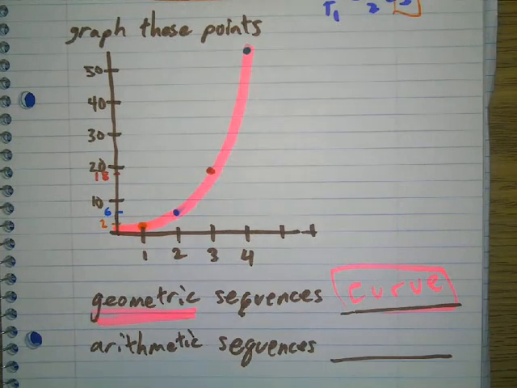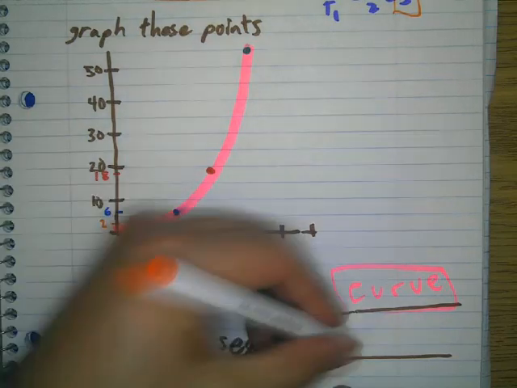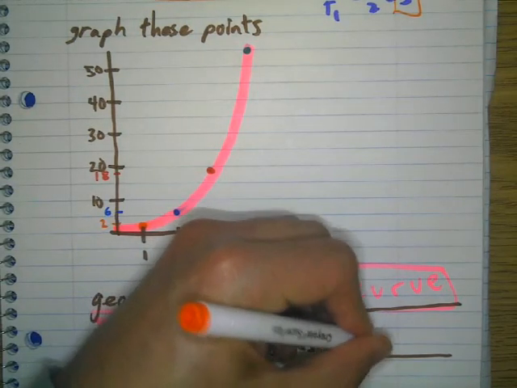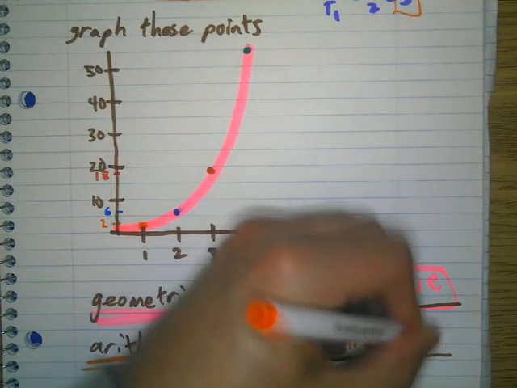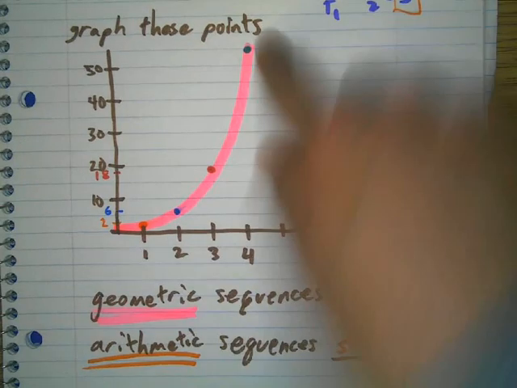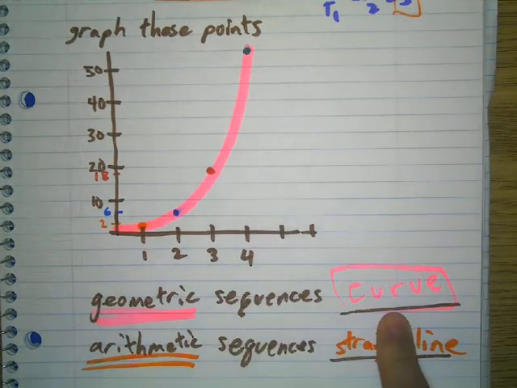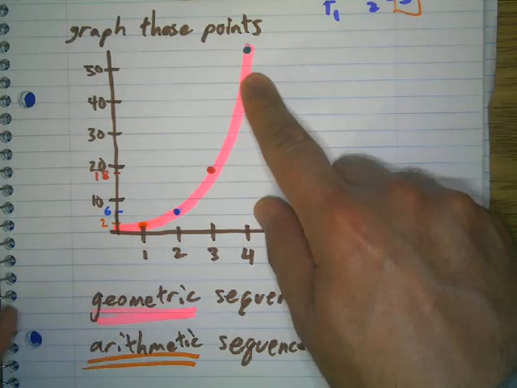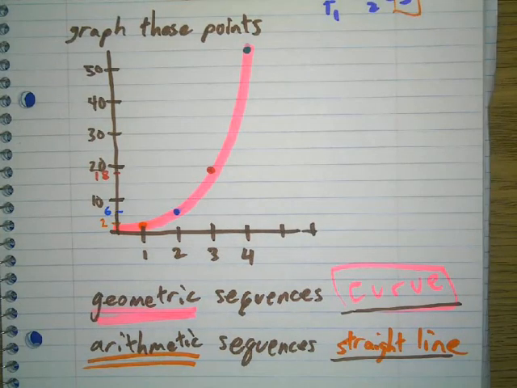With arithmetic sequences, you should have noticed in the earlier lessons that they made a straight line. Our lessons here are going to be focused on what shape it is, and plotting some points, using graphs and tables. All right, good luck with your homework.